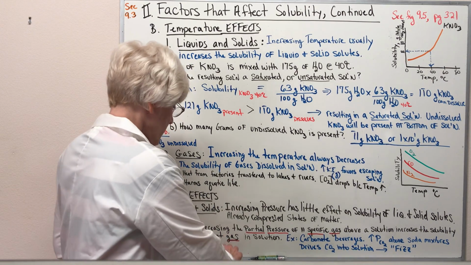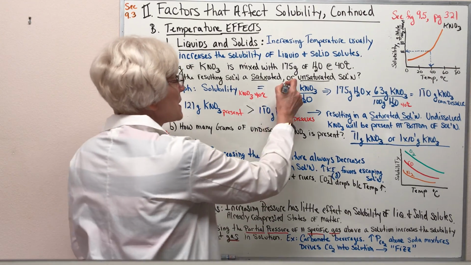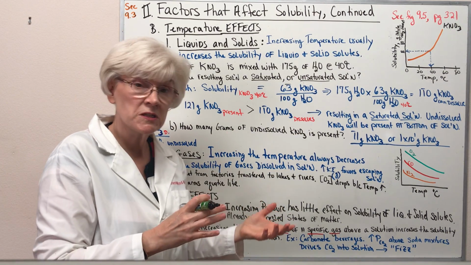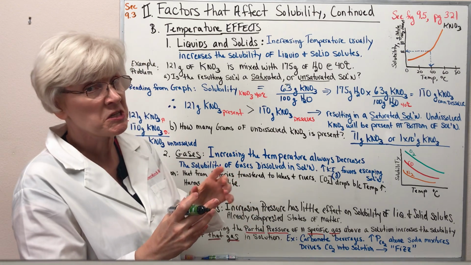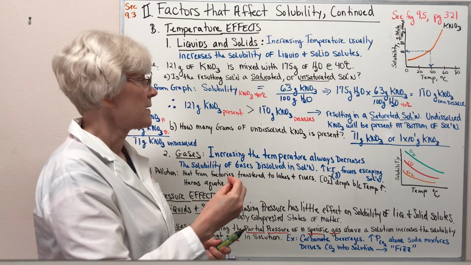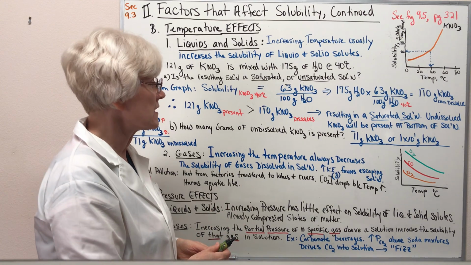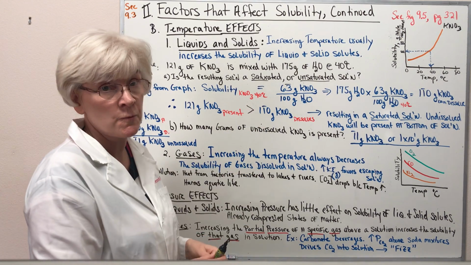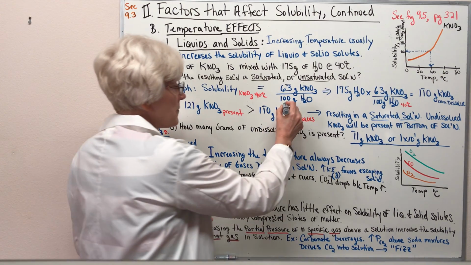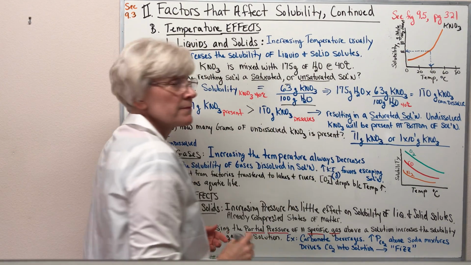And of course we know that the uncertainty is in the ones place. That's the value that we're estimating. Could be 64 grams, could be 62 grams, but that's a reasonable estimate for the solubility of potassium nitrate at 40 degrees Celsius. What can we do once we have this solubility value?